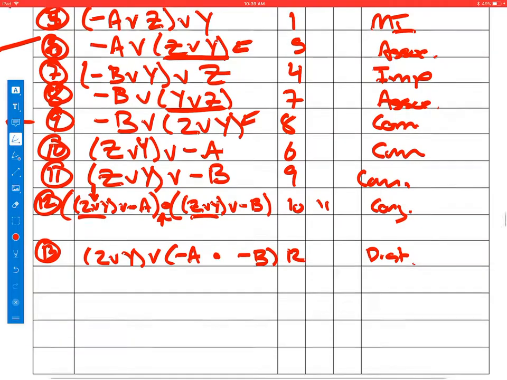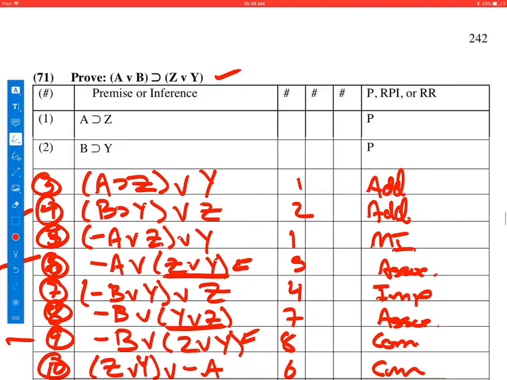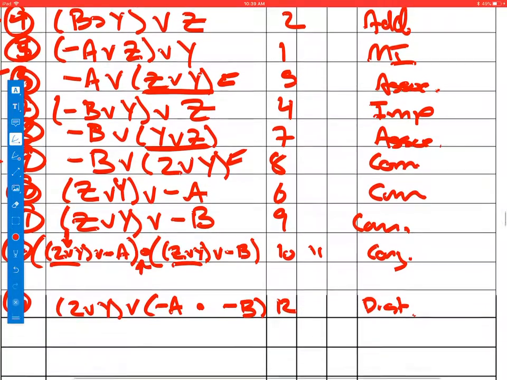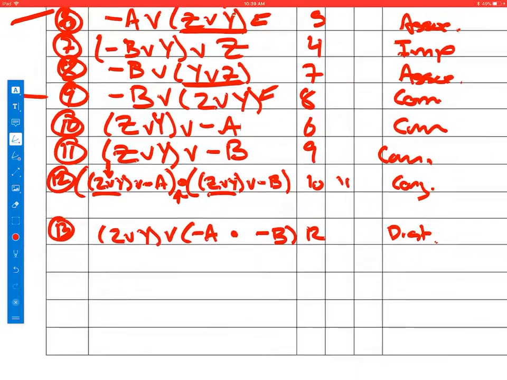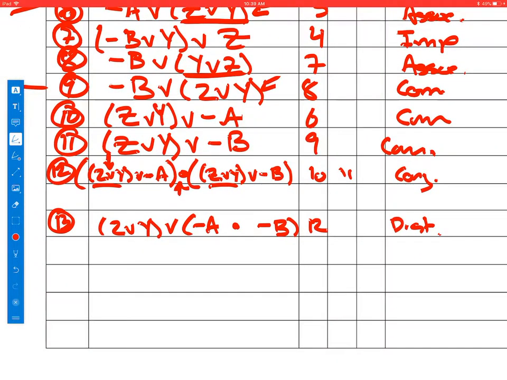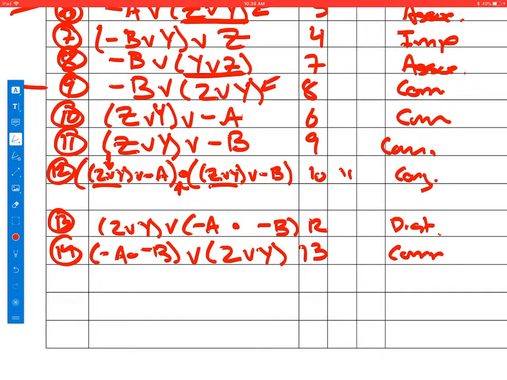Okay. All right, so now we have Z or Y or A and B, blah, blah, blah. And let's look at what we were trying to get to. The A or B needs to be in front, and it needs to be a conditional. So let's move it to the front. Not A and not B, or Z or Y. This is from 13 by COM.